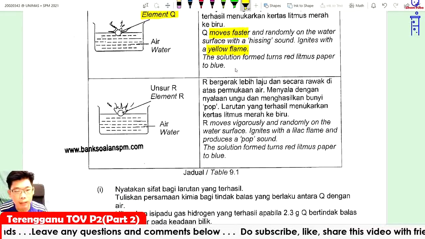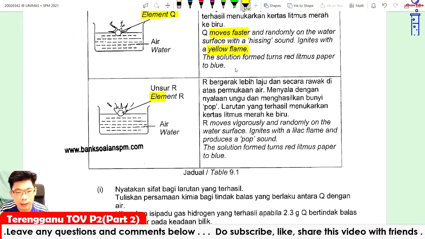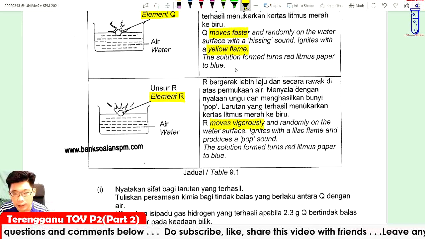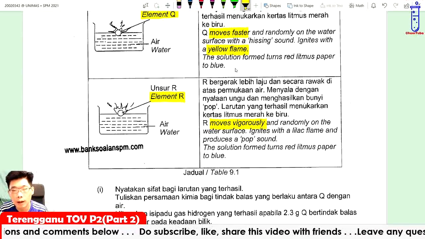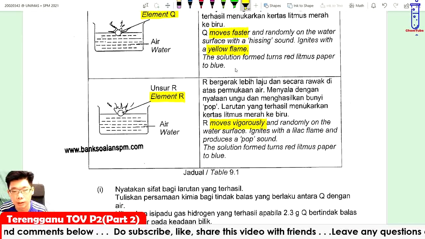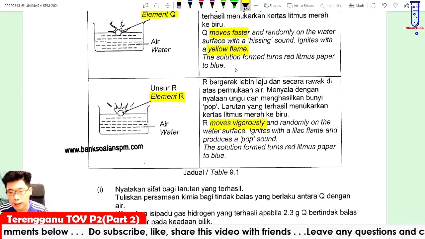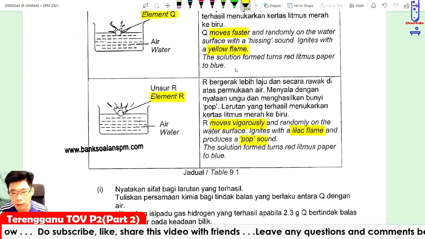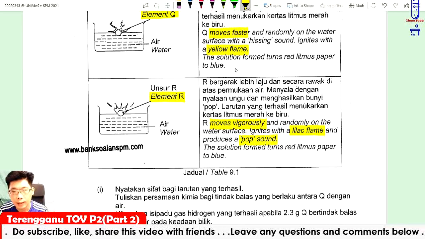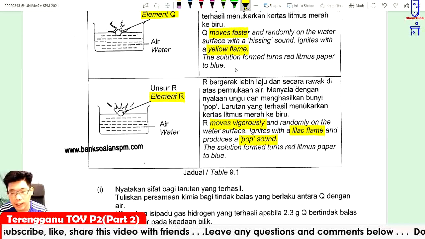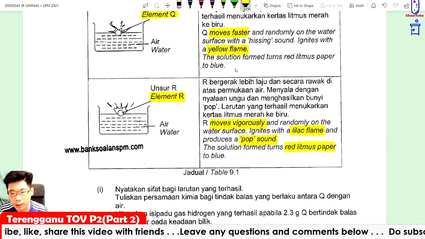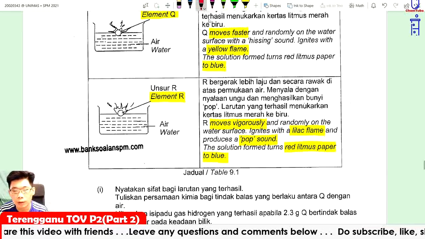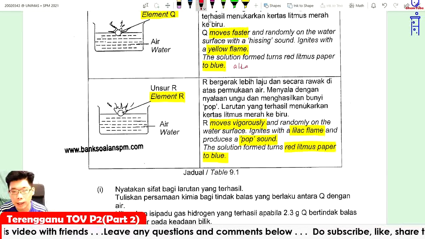Now element R, let's see whether it is more reactive or not. It moves vigorously, so it is more reactive compared to element Q. Then it ignites with a lilac flame and produces a pop sound. Both solutions turn red litmus paper to blue, so we know the solution is alkaline.